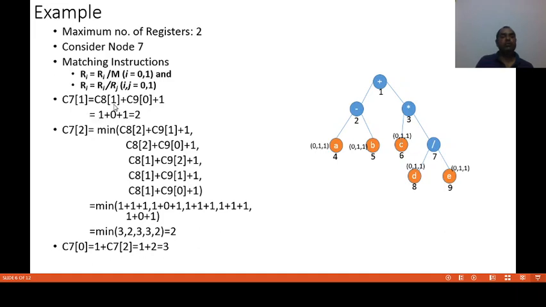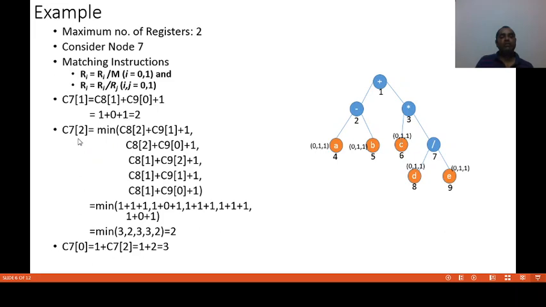So the cost becomes what? C81, that means the 8th node using only 1 register, the cost is 1. C90 means evaluating the 9th node using 0 registers; here it is 0. So it will be 0 plus 1, that means it becomes 2.